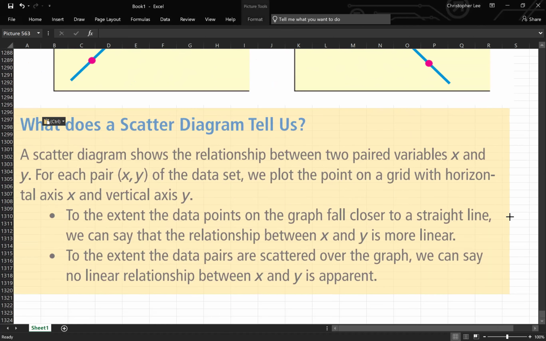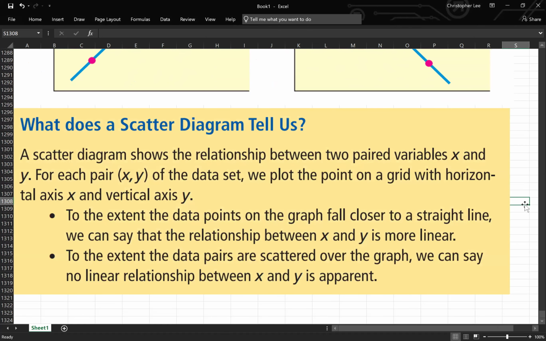So what does a scatter diagram tell us? A scatter diagram shows the relationship between two paired variables, x and y. For each pair, x comma y, of a data set, we plot the point on a grid with horizontal axis x and vertical axis y.